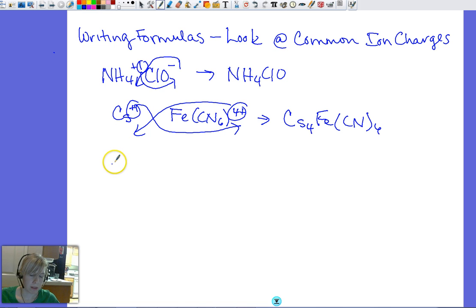Auric chromate. So auric is gold. That's Au 3 plus. Then we have our chromate, which is 2 minus. And we can cross the charges.